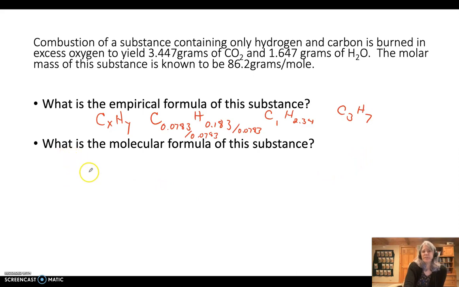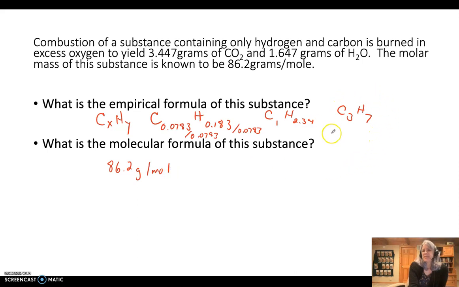Now, the molecular formula can sometimes be different from the empirical formula, right? So this just shows the ratio, but there can be different compounds that have the same ratio of carbon and hydrogen atoms, but actually have more atoms totally in them. So the clue we're given here is the molar mass, which is 86.2 grams per mole. 86.2 grams per mole is our molar mass.